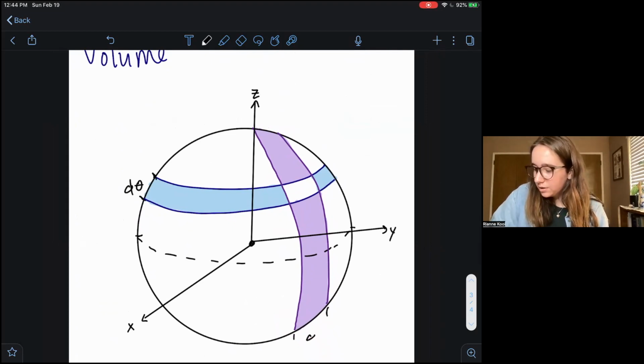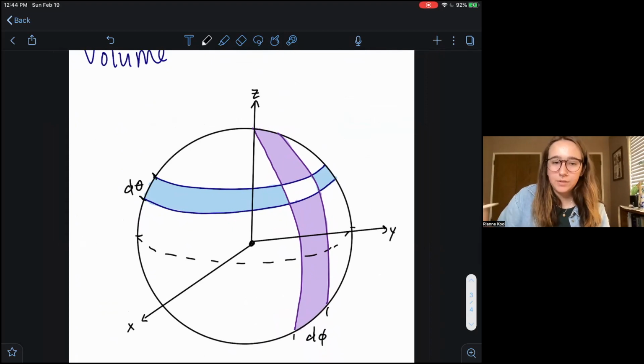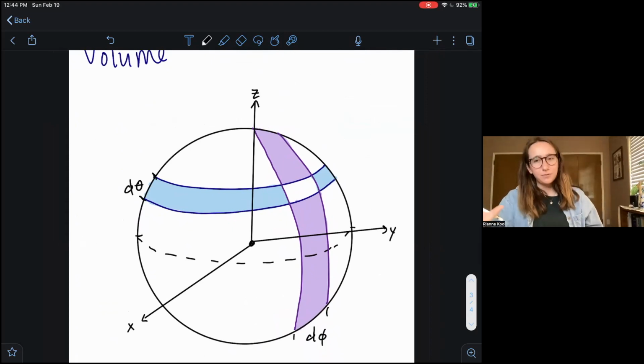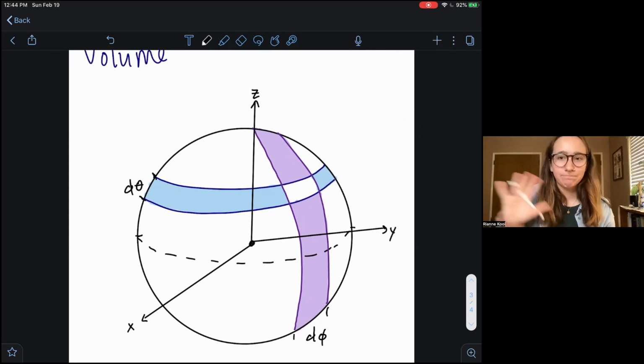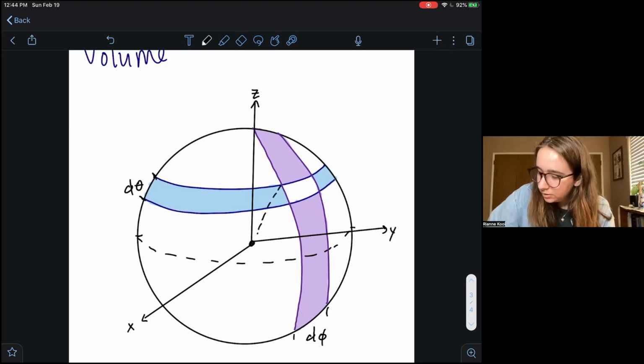This value right here is d phi, like before. And we now, instead of finding just the area of our sphere, we want to find the volume. So now we're going to be taking a little sliver like this, and we're going to find that volume now.